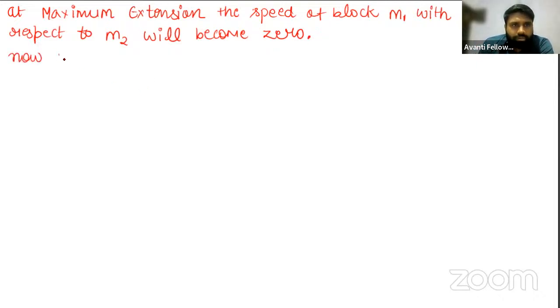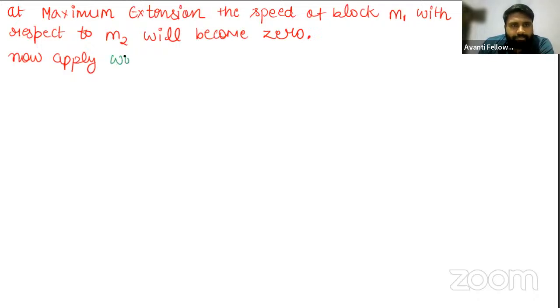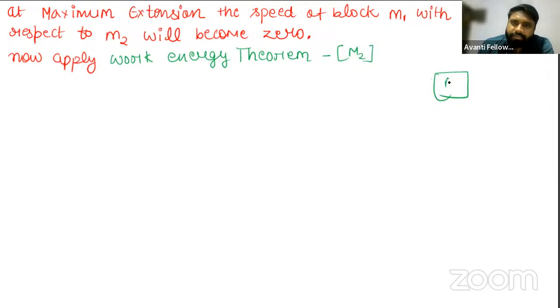Now apply the work energy theorem, let me just change the color of the pen. We are applying the work energy theorem here for block M2. Initially it has a velocity u, and in the final case it has a velocity v.